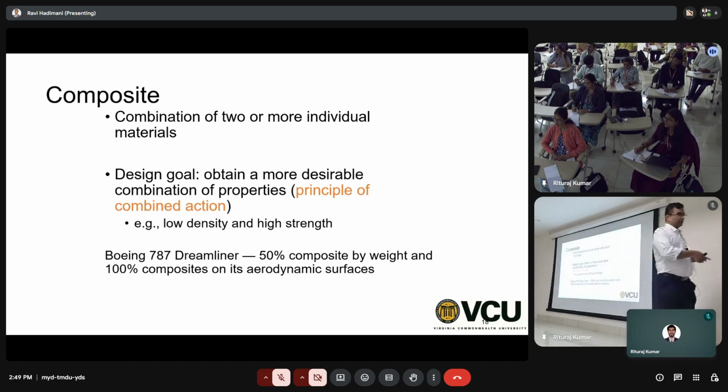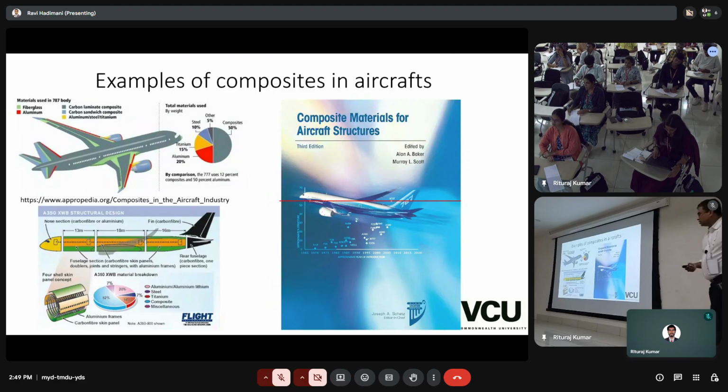We'll look at some of them, and you get desirable or better properties using composite materials. Especially for structures like aircraft, where you need lighter but stronger materials, then you make a composite material.